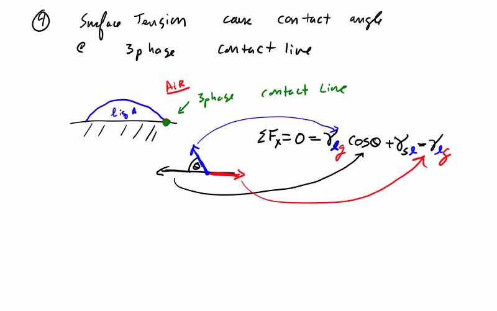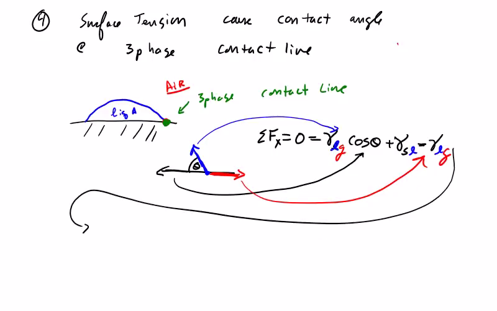Now, if we take all these formulas and say they're in equilibrium, and move this over here, we can solve for theta, and we get that the cosine of theta is equal to gamma solid air minus gamma solid liquid over gamma liquid air. Now, you've probably heard some of these terms before.